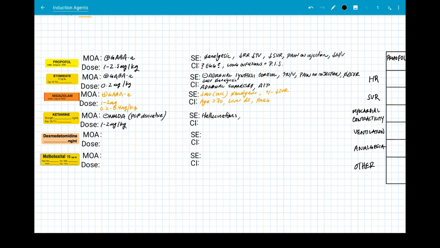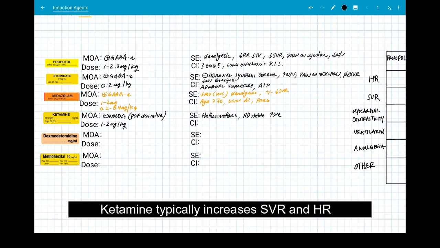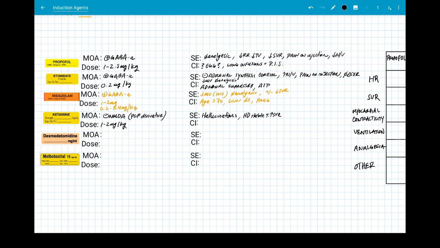It's hemodynamically stable. It may increase your SVR. There's no change in your minute ventilation. It can increase intracranial pressure. It does have analgesic properties.